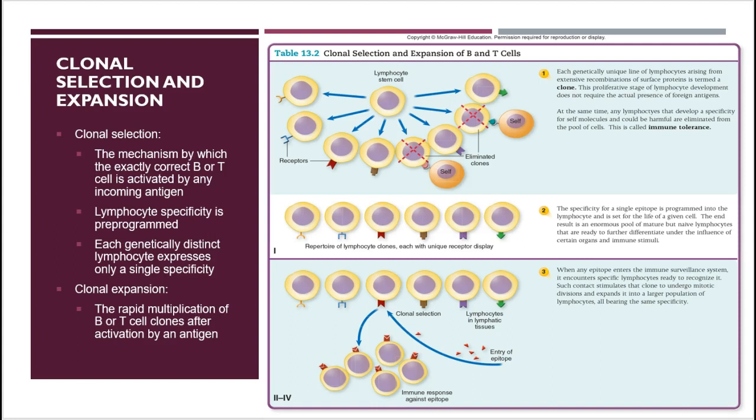And once that recognition has taken place, then that cell is going to produce clones of itself that will recognize that same antigen. So then we're going to have hundreds of cells produced now that are all clones of that first stimulated cell that all recognize this antigen that has been presented within the body.